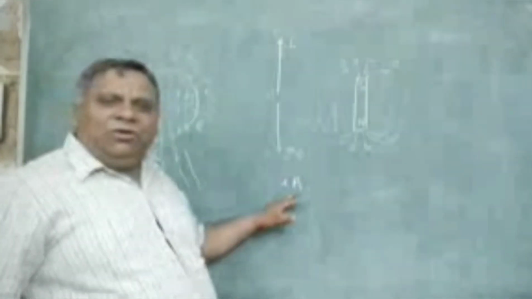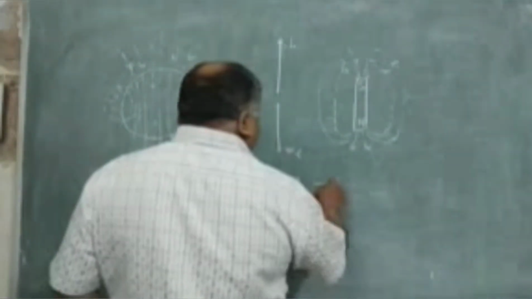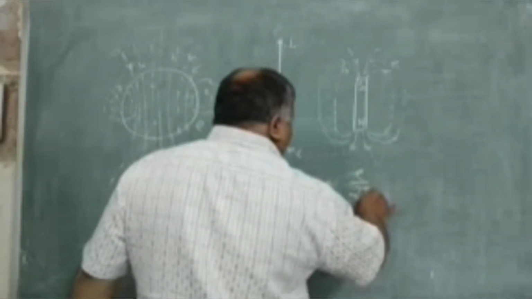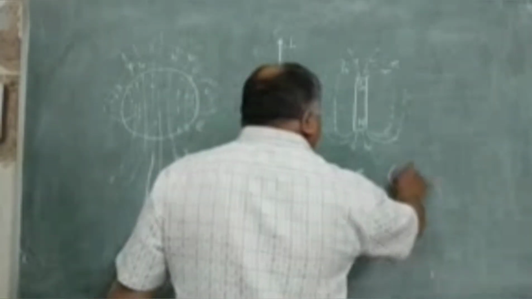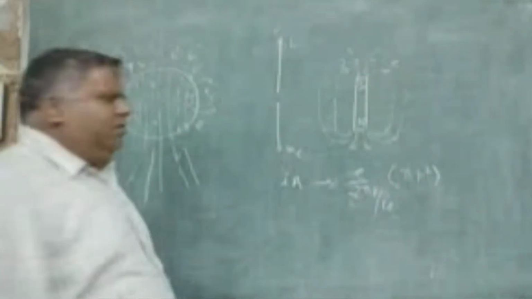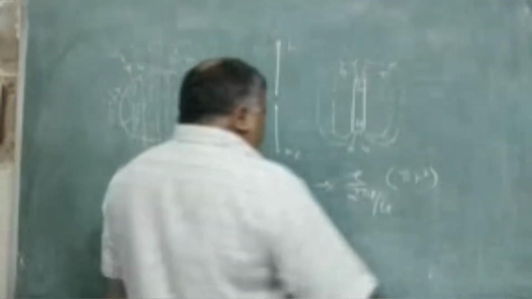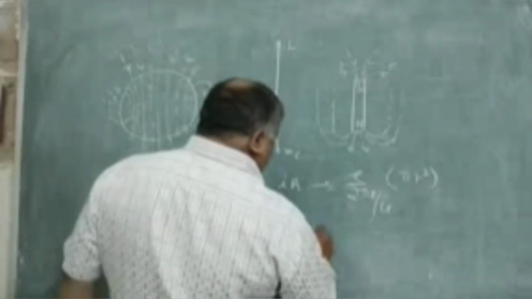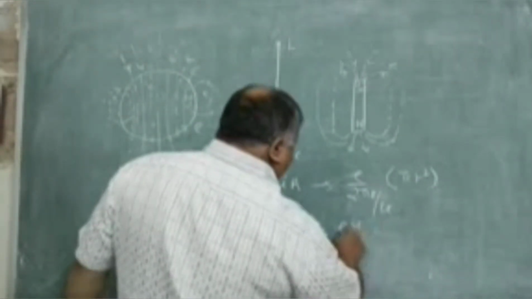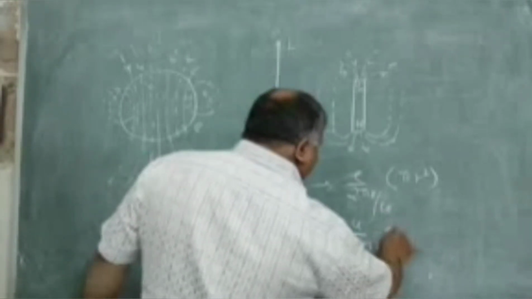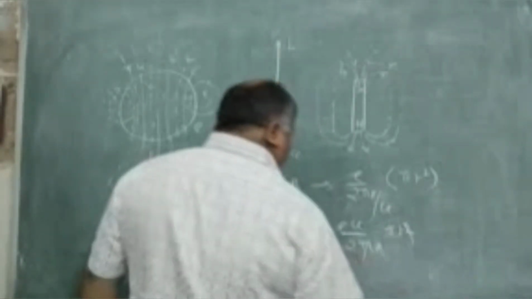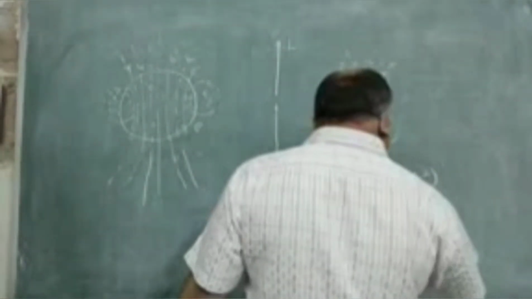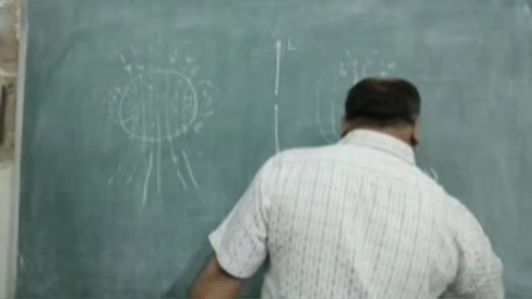That is the area of the atomic loop, which is pi r square. V is the velocity, so I equals eV over 2 pi r, and the moment is half eVr.